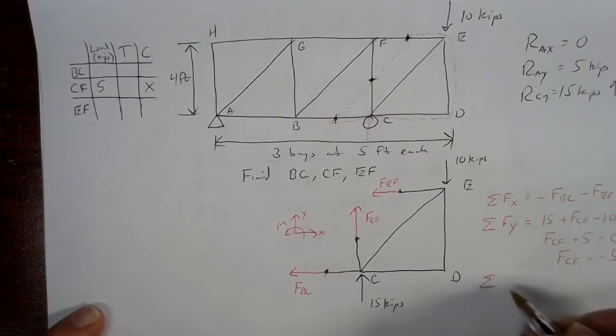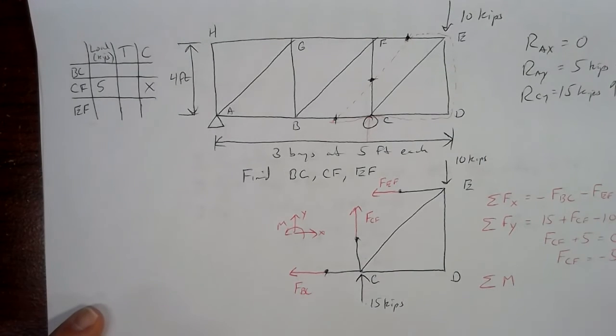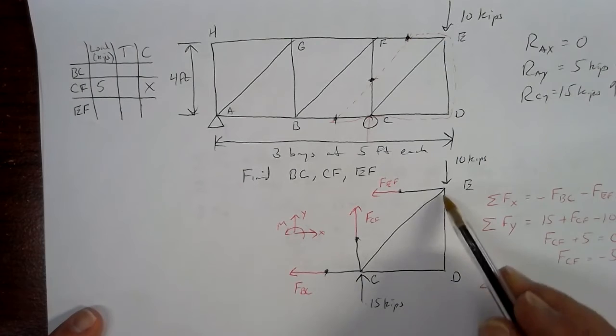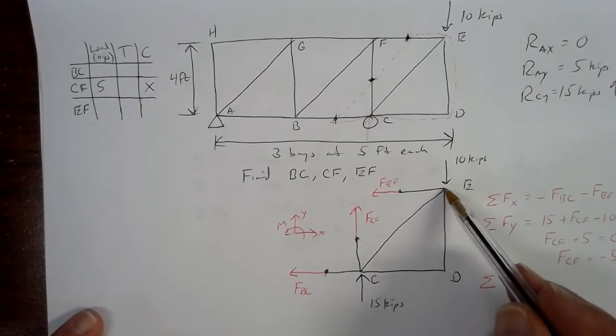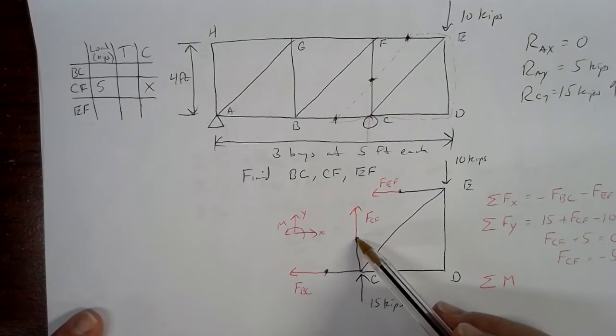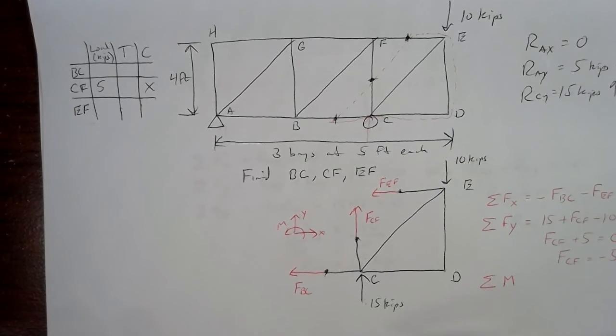Let's do our moments. Here we have to pick a pivot point, and we only really have 3 pivot points that are going to be reasonable here, C, D, or E. If we pick E, then both forces FCF and FBC will have moments, and that's ugly. It's not terrible in this problem, but more than one unknown is never good in a moment equation.